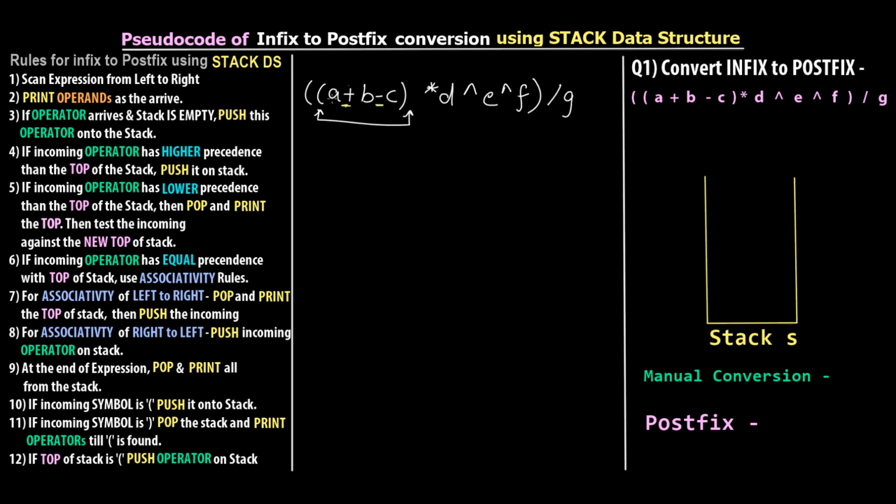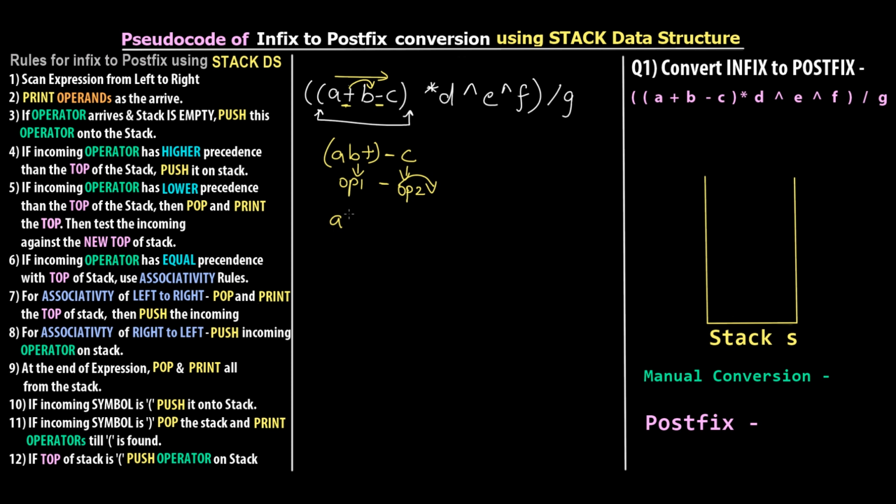We've already studied this, and we have to go from left to right when it comes to plus and minus. So a plus b happens first, so we will get ab plus, that is plus will be transferred over here in the postfix format, and then this ab plus will be operand 1, op1, minus this c will be op2, operand 2. So this minus will come over here.